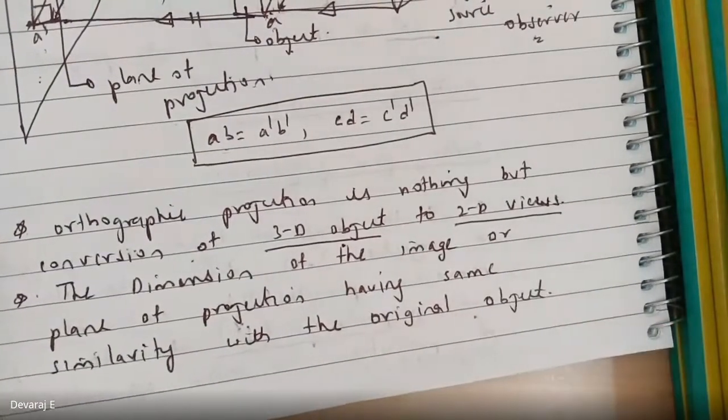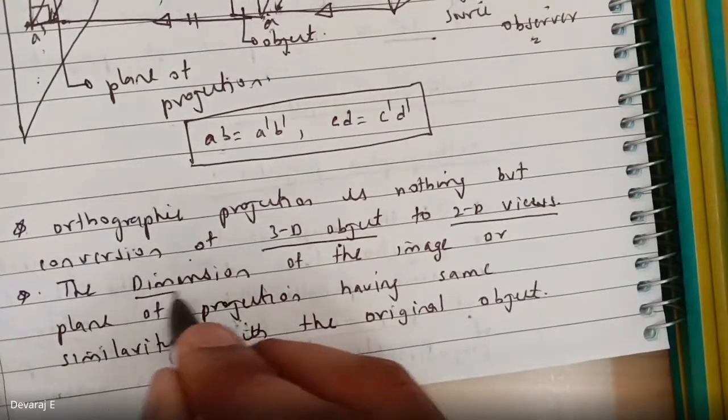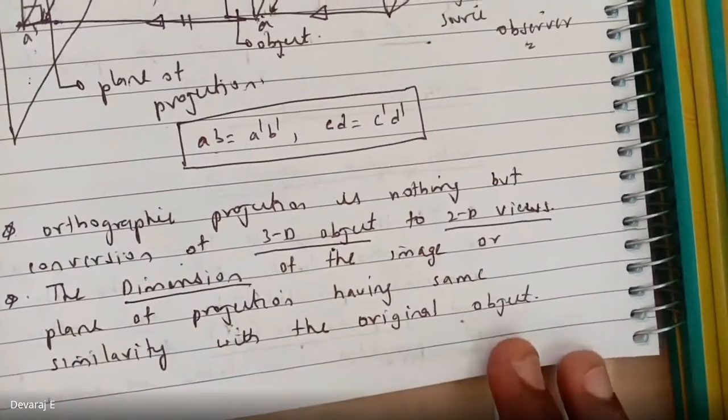That means your length and width will be the same. Always your dimensions will be the same. So that is the meaning.